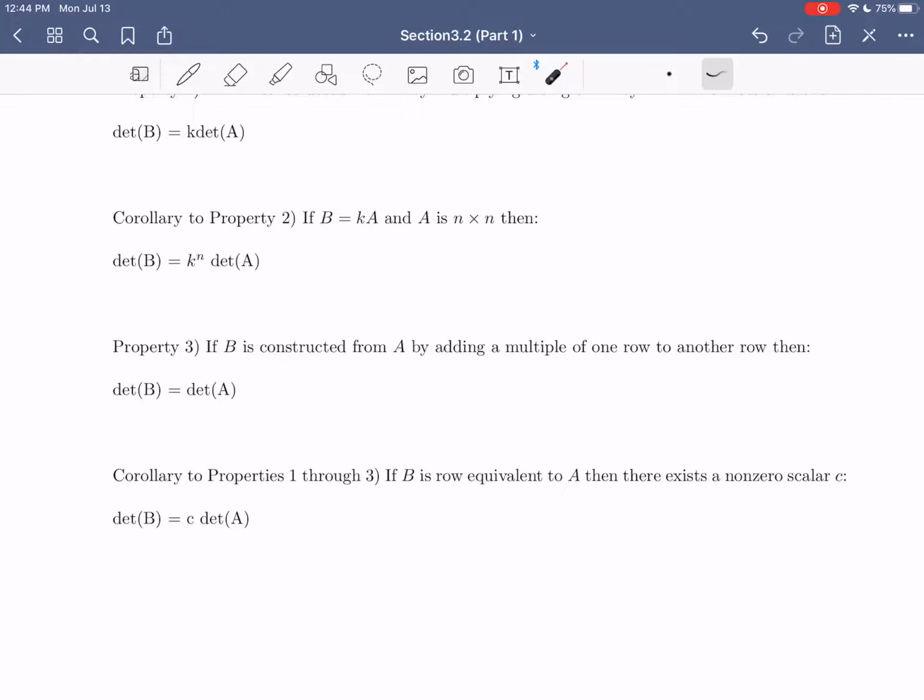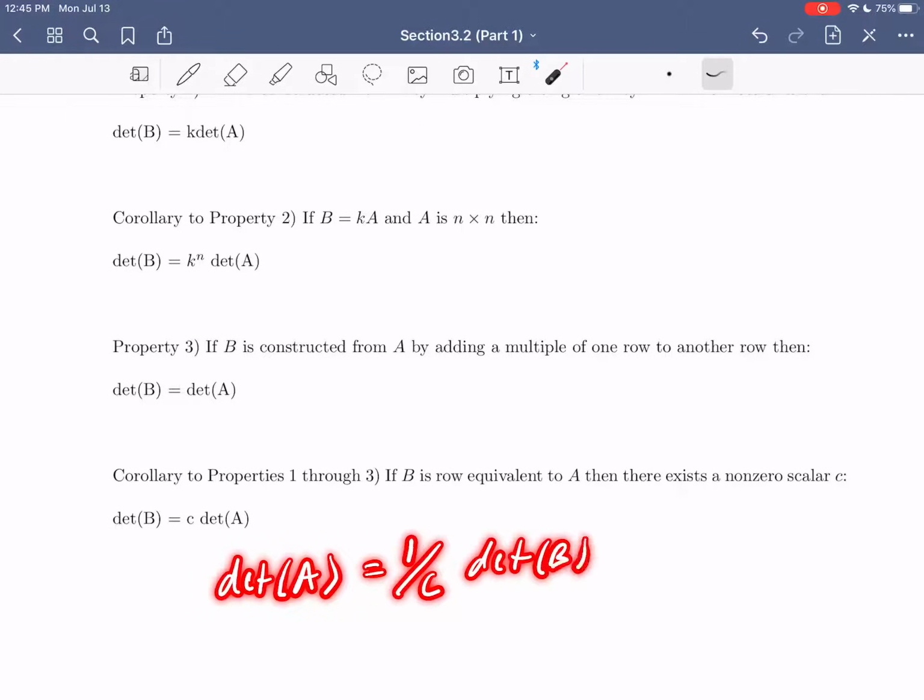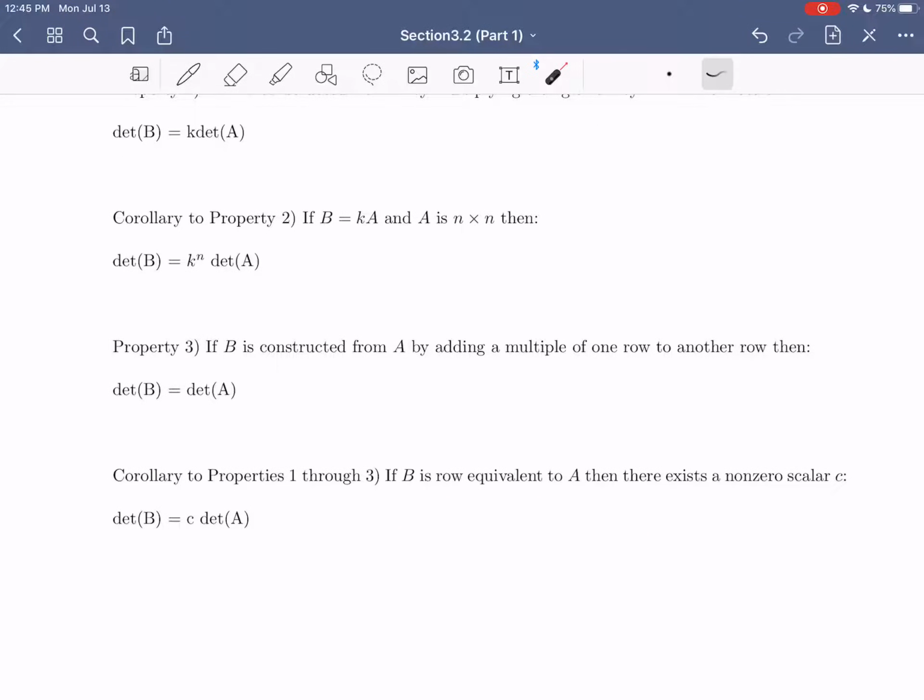That means that by the end, if you do a whole series of them, the determinant of B is some scalar times the determinant of A. The whole point of this, though, is that you can basically track those manipulations, and if you reverse them, then you can determine the original determinant of A. This would also imply that the determinant of A is 1 over C times the determinant of B. So you can go back to your original one and figure it out in terms of your new one. This is just saying that if you combine them in some series, you put all those constants together, and it's going to be some constant times the original determinant.